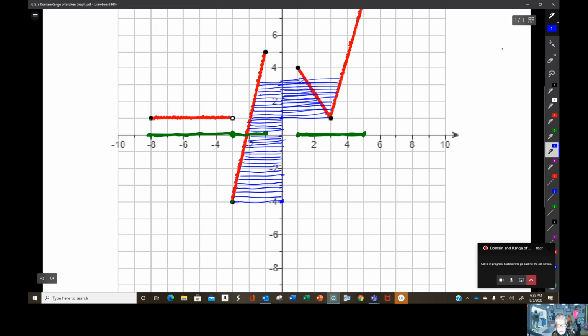So you've got it coming from everywhere, from here, all lining up with points on the y-axis. And from here, whoops, went too far, lining up with points on the y-axis.